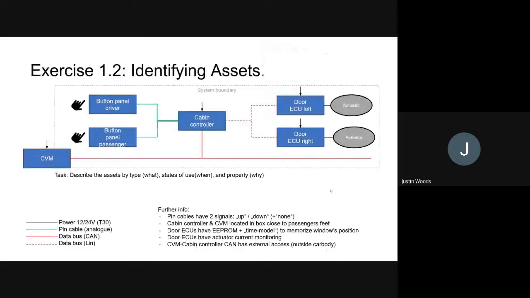So starting right off, as he'd mentioned, we're looking at the button controls for the windows. So we have button panel driver, cabin controller, door ECUs, actuators, and then also a CVM. So we've got some further info in here as well. What we're going to be doing is taking a look at all the different components here, seeing how they connect to each other.